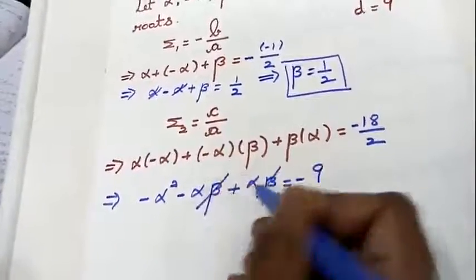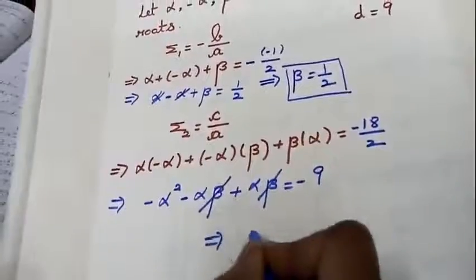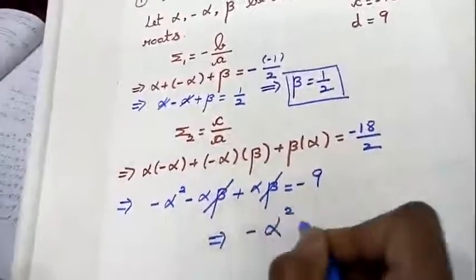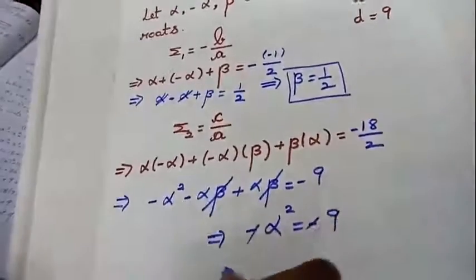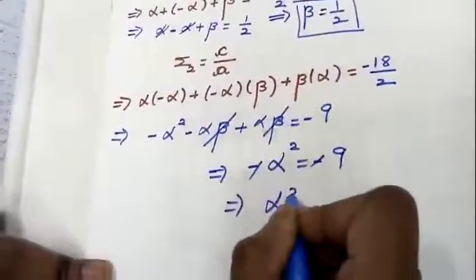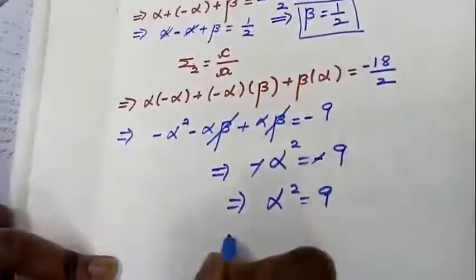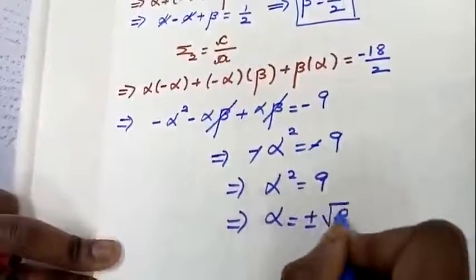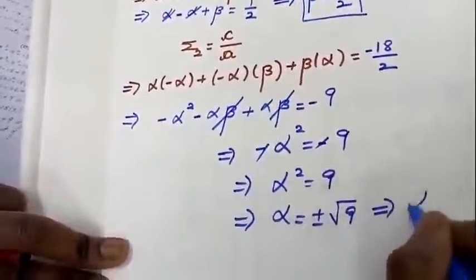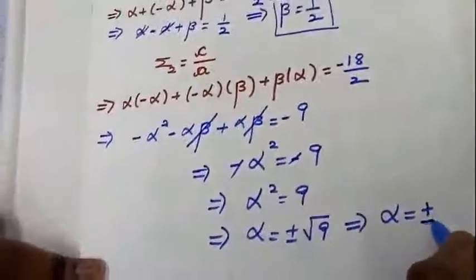You can cancel these two terms. Here you will get minus alpha square equals minus 9. The minus signs get cancelled, so alpha square equals 9, which is nothing but alpha equals plus or minus root 9, implies alpha equals plus or minus 3.